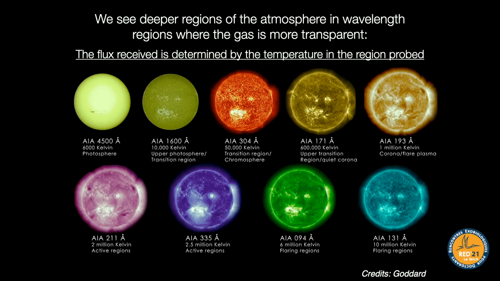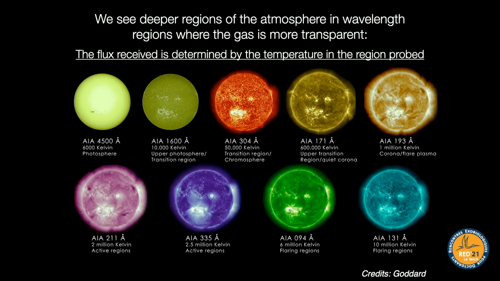The reason for that is that there are molecules and atoms in the atmosphere of these objects, and they do not absorb the light the same way at different wavelengths. Meaning that the atmosphere can be more transparent or more opaque at different wavelengths.